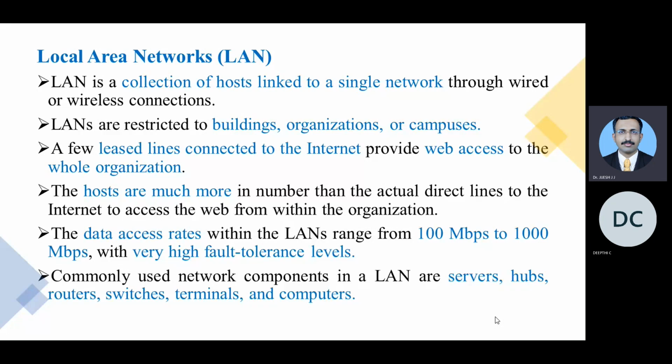The LAN ranges from 100 Mbps to 1000 Mbps, which is very important, and very high fault tolerance levels are also available here. The commonly used network components for LANs are server, hub, routers, switches, terminals. All these computers are part of a LAN connection.